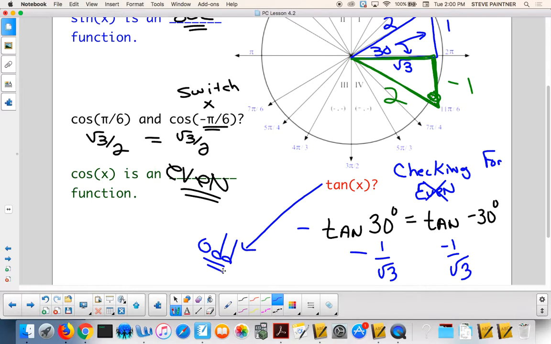And then how fast do you do it? Oh, you're done. You covered how much distance? 25 radians.